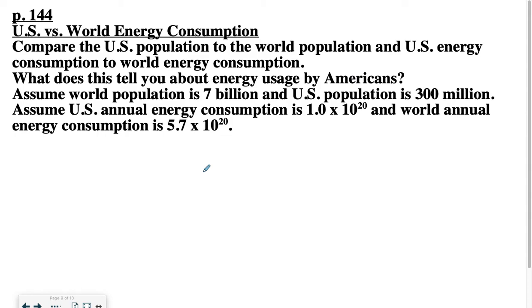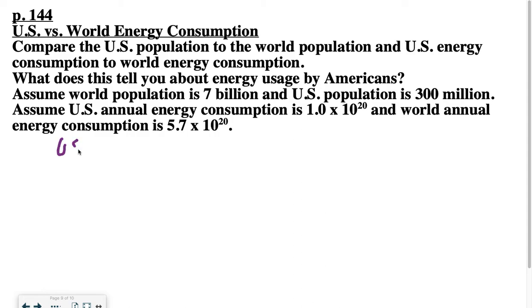Our last question asks you to compare the population of the world to the US population, and then comparing the energy consumption. Now, you weren't told right around here, so I'll just kind of walk you guys through.